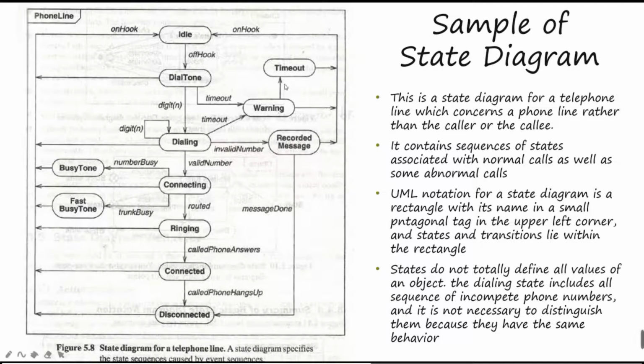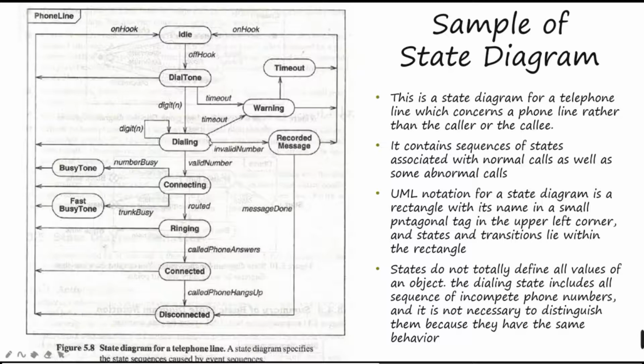In the warning state, if for example another 20 seconds no response, it will get another event, a state timeout, and finally unhook. And if a number is dialed, it will go to the dialing state.